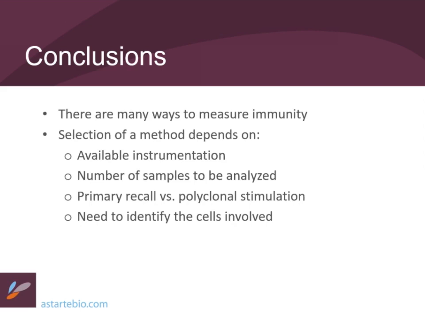And you need to identify the cells involved. If you're going to need to identify which cell is doing what, then you're probably going to need to access a flow cytometer. And in any case, almost any method is going to require some initial workup to understand in your particular laboratory with your culture media and cells, at what point is the ideal time point to measure.